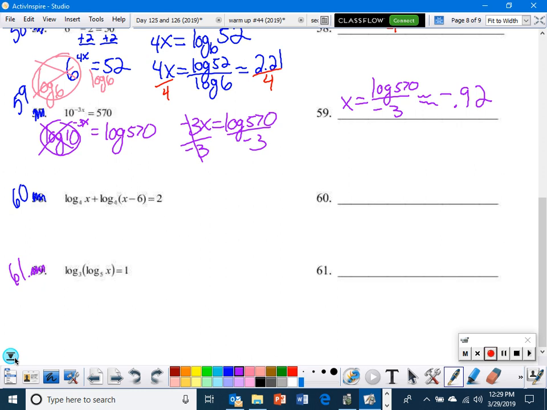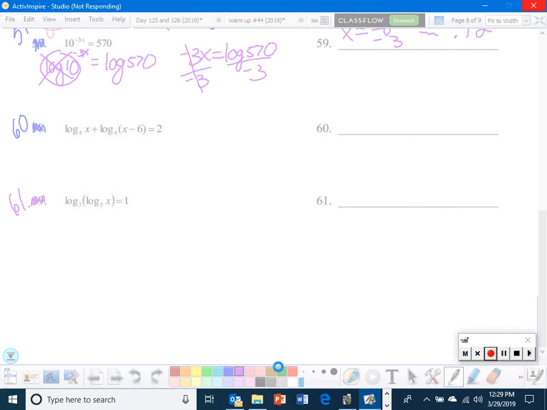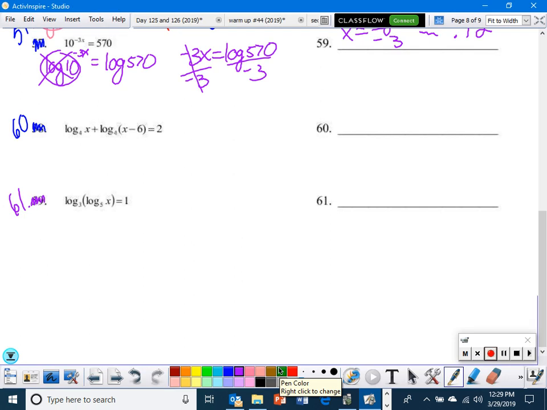The next one, I see log base 4 of x plus log base 4 of x minus 2. That's telling me the product property. So I'm going to rewrite this as log base 4 of x times x minus 6 equals 2.